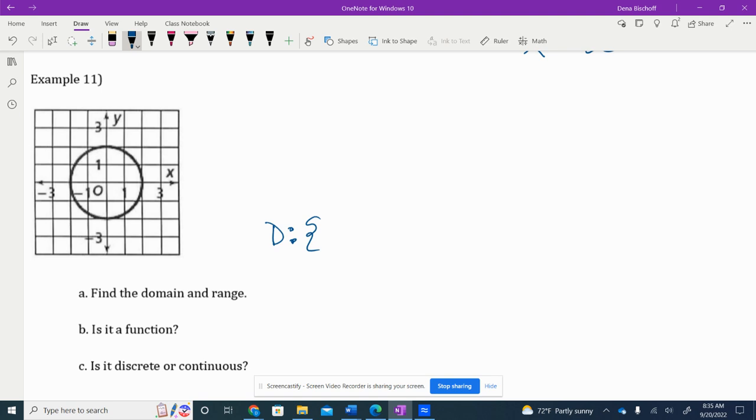Would that help you think about it? The function is x squared plus y squared equals 4. If you were to graph that on your graphing calculator, that's what you would get. So what's the domain? Meaning, what are the x values? Well, x doesn't go any farther between these two places. What is that?